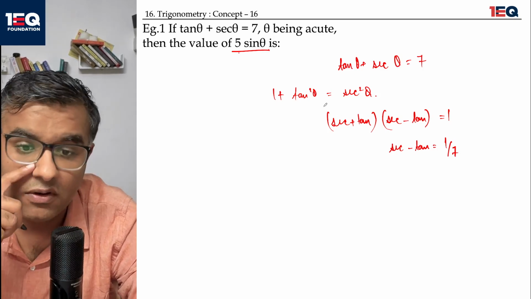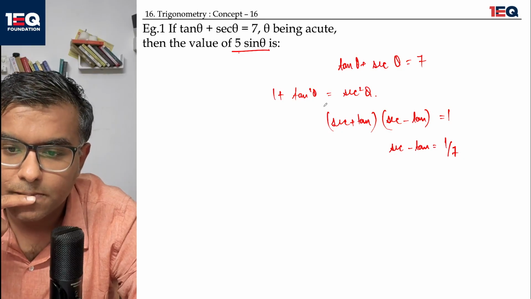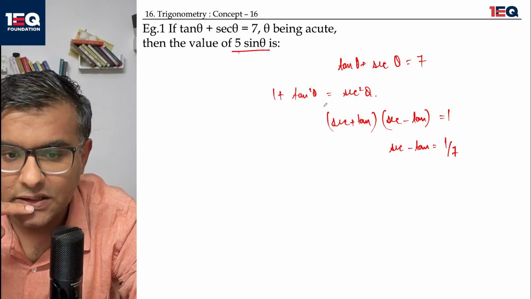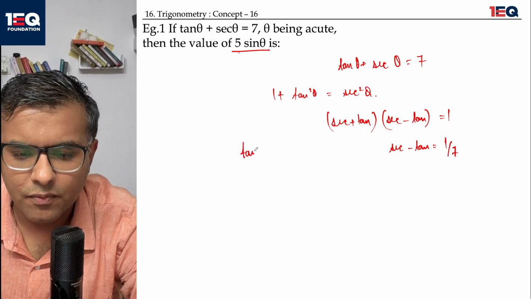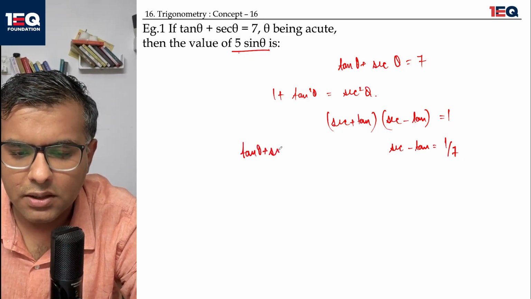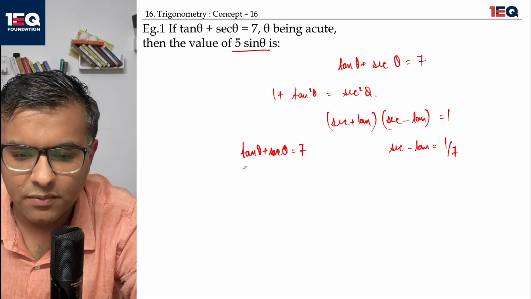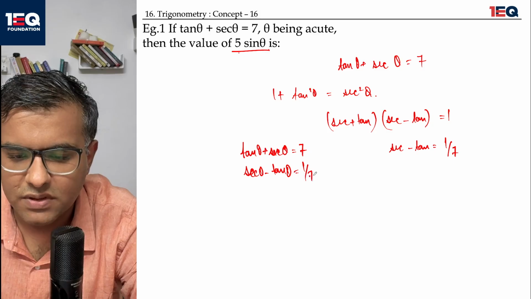If sec minus tan is 1 over 7 and sec plus tan is 7, then I need to achieve the value of 5 sine theta. Achieving the value of sec theta wouldn't alone help my cause. I'll still write it down. Tan theta plus sec theta is equal to 7, and sec theta minus tan theta is 1 over 7.